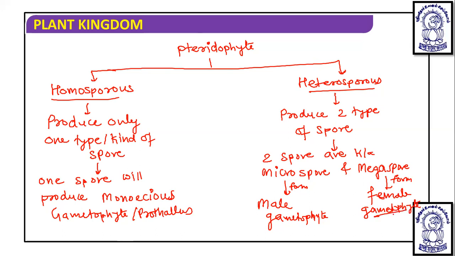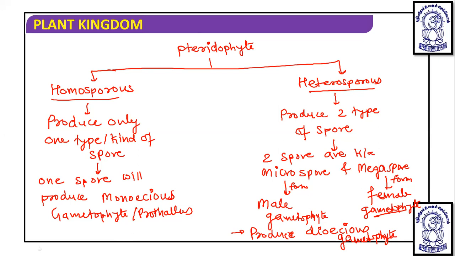So these two types of gametophyte are produced by these two spores. So heterosporous pteridophytes produce dioecious gametophyte. Okay.